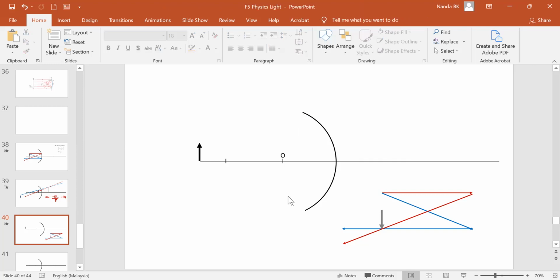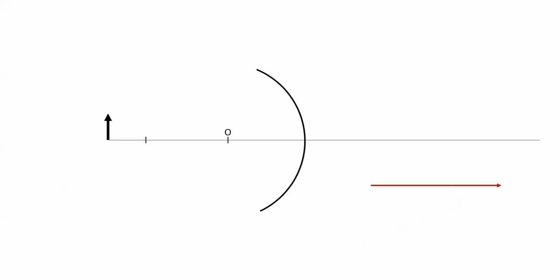Now the radius is here. The focus is always half of the radius. Please remember that. What did I just say? The focus is half of the radius. Half of the radius. That means where is the focus? Where? The focus is here. Nampak? Jangan salah buat.